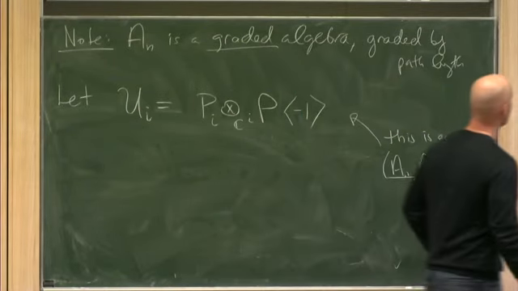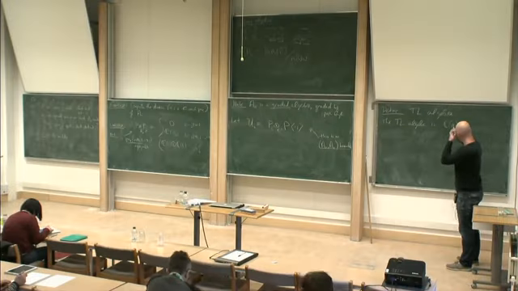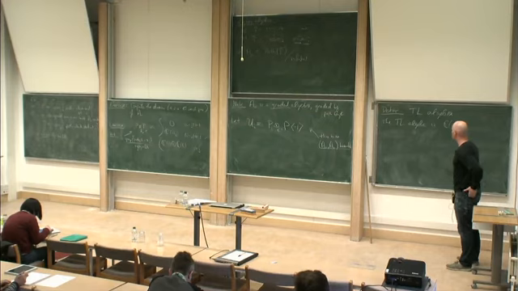So we'll come back to that in a moment. So let's have a quick detour to the Temperley-Lieb algebra. So the Temperley-Lieb algebra is an algebra over the ring of functions in a formal parameter q.